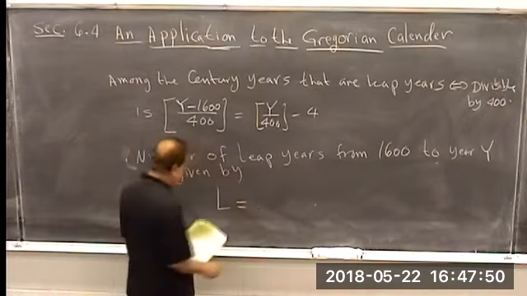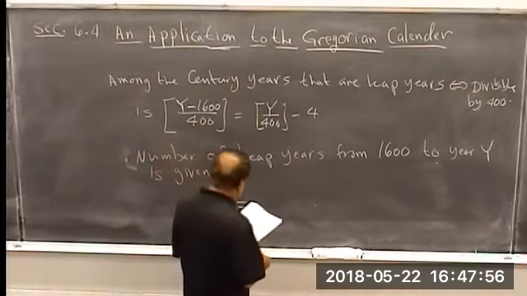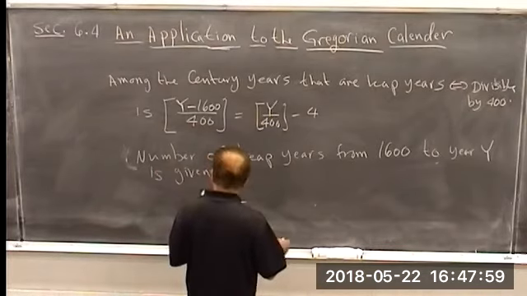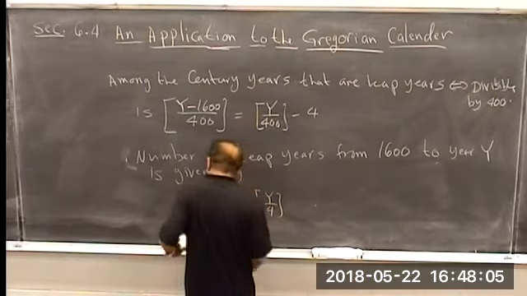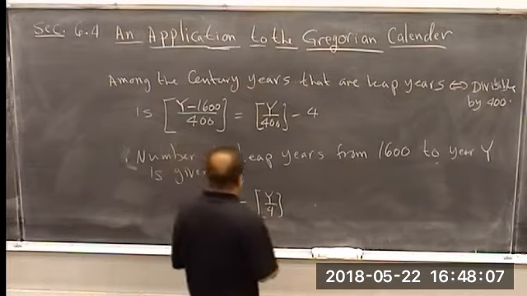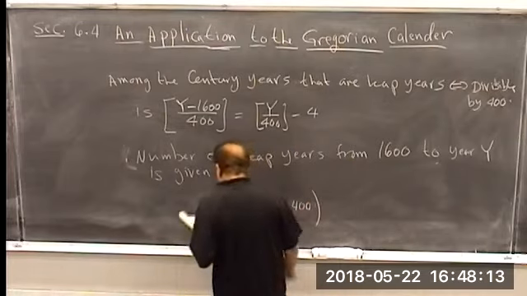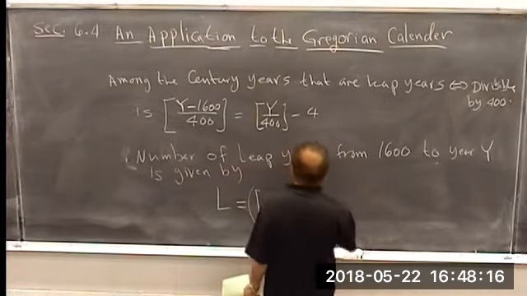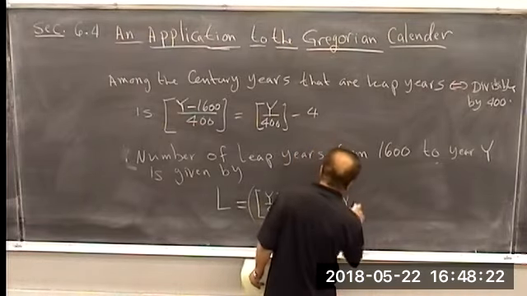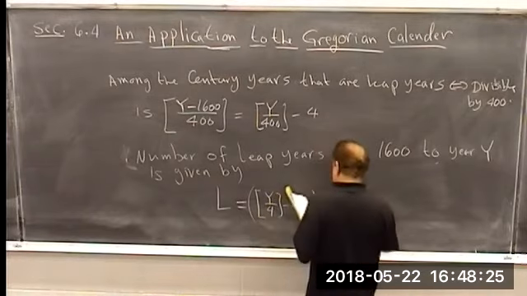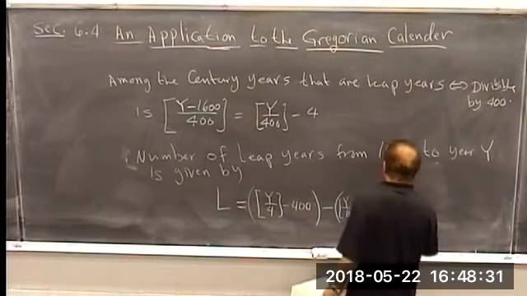We're going to start with the regular leap years, not century. Then we're going to subtract from these the century years, which is y over 100 minus 16. And then we're going to add the leap years.